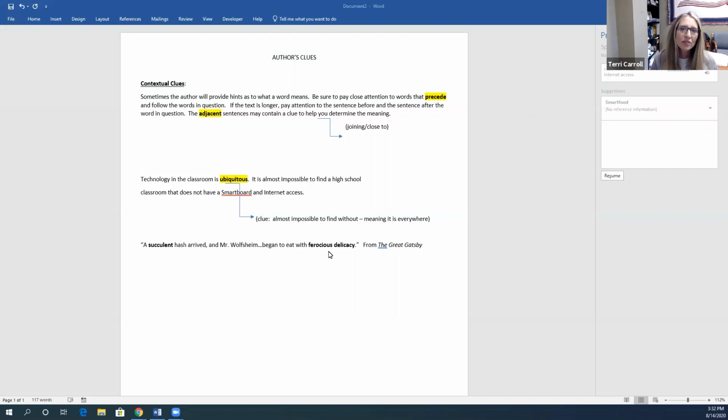But when you look at what the author is saying, so we know that hash is food, right? And we know that he's eating, okay, because the author tells us he's eating. Ferocious delicacy. Well, ferocious to me, that means, ooh, he's just consuming it and devouring it. He's ferocious about it. But delicacy means something special.